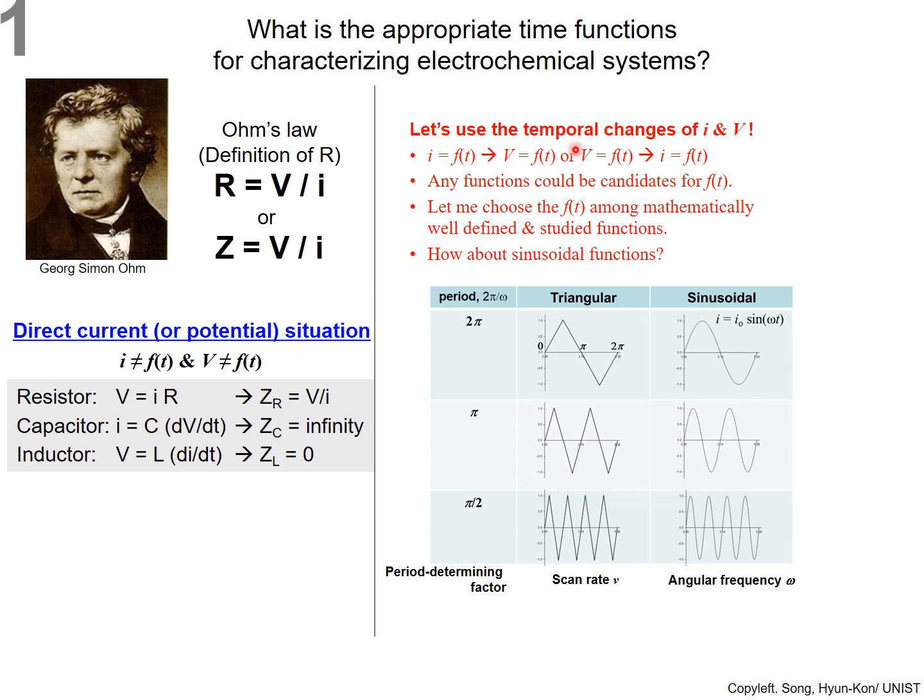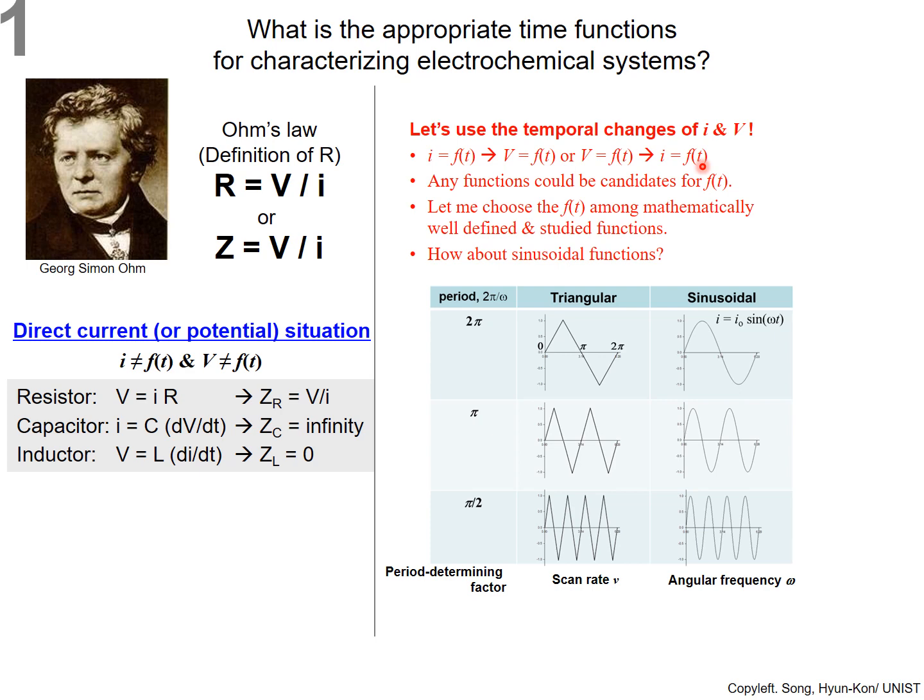Let's use the temporal changes of current and voltage, in other words. So in that case, the current would be a function of time, or when you apply the time-dependent voltage, then you will obtain the time-dependent current.